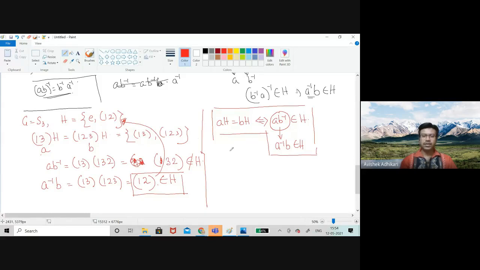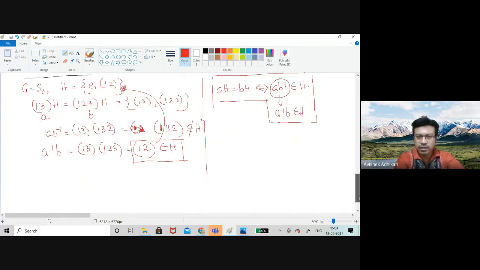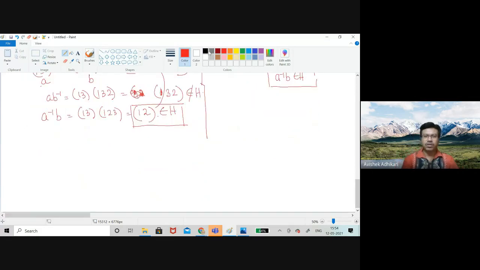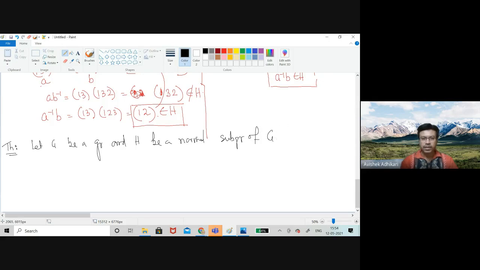Okay, so the actual theorem will state like this. Theorem: let G be a group and H be a subgroup of G. May not be normal.